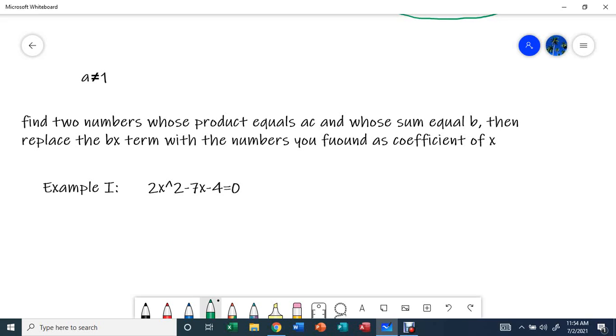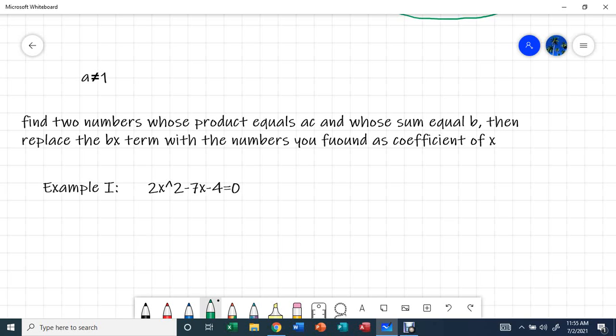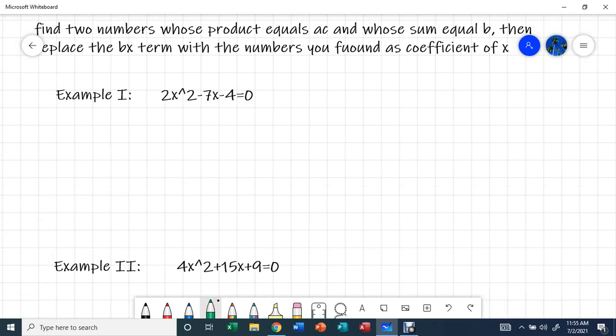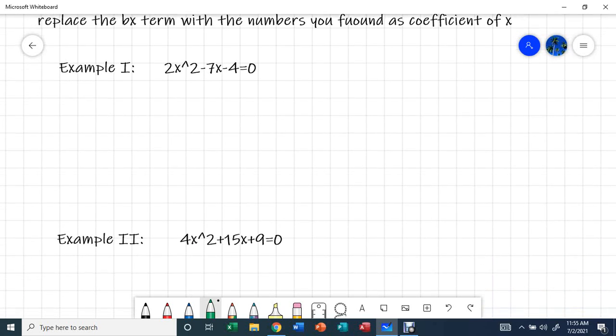Then replace the bx term with the numbers you just found as coefficients of x. Let's do a concrete example so you can better understand this direction.